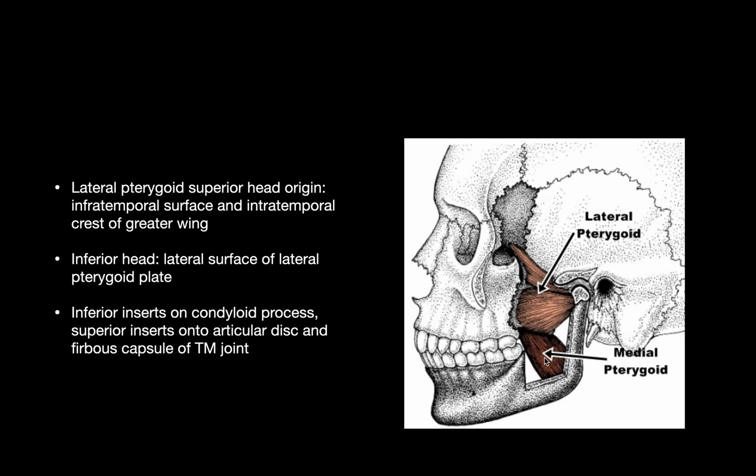Medial is right here, and the inferior head inserts on the condylar process, while the superior head inserts into the articular disc and the fibrous capsule of the temporomandibular joint. They're bounded by the lateral pterygoid superior origin, which is the infratemporal surface and the infratemporal crest of the greater wing of the sphenoid.